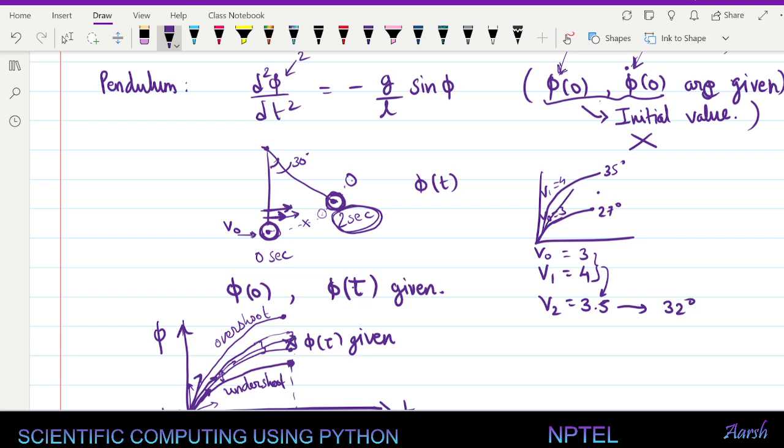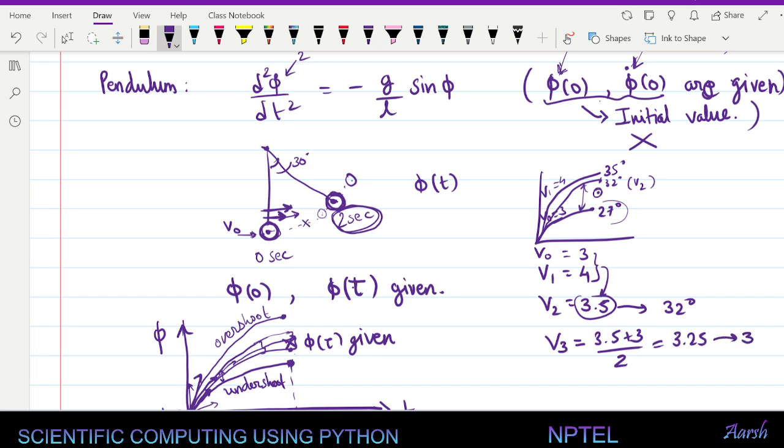So check with 3.5 and maybe it gives 32 degrees. Okay, so again you are overshooting. 32 degrees, this is v2. Now what do you take as v3? It should be the average of 3.5 and 3, right? So it's 3.5 plus 3 by 2, because between these two is your actual target. So this will be 3.25. Then again go for it.